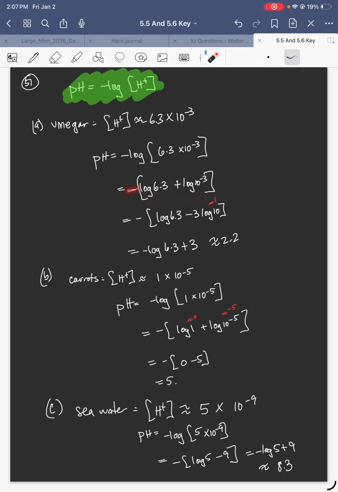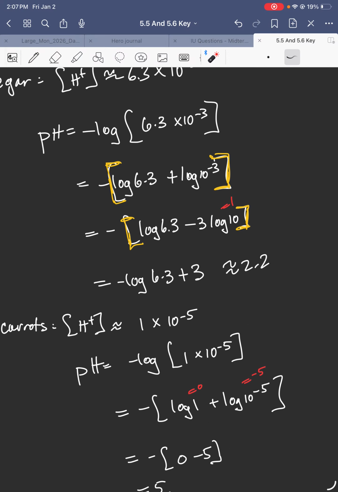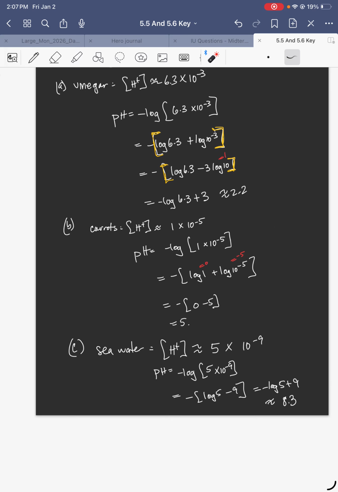Just make sure that you have these parentheses when you expand. That's why this is a good question. It reminds you that you must have parentheses or brackets when you expand. This you can't do anything with, but this you can pull out front, and log base 10 of 10 is 1. So you get this. And the rest are very similar.